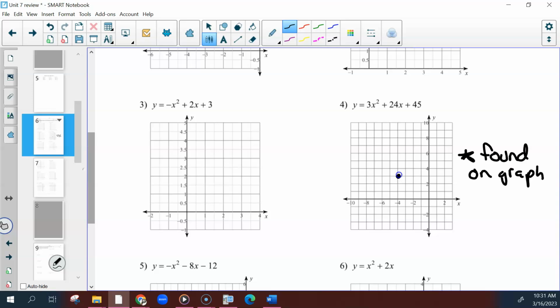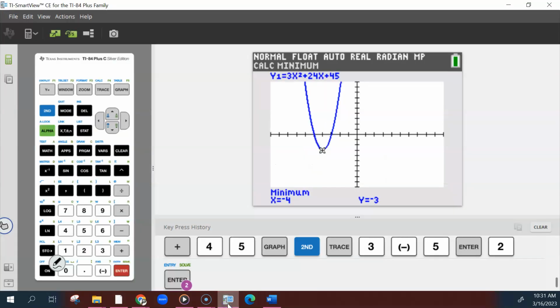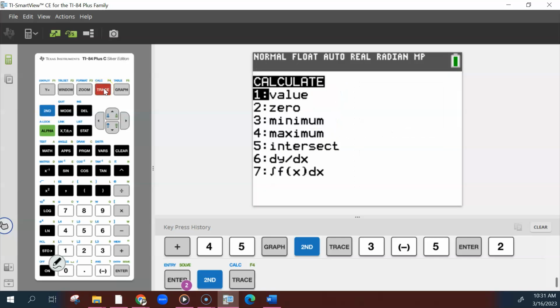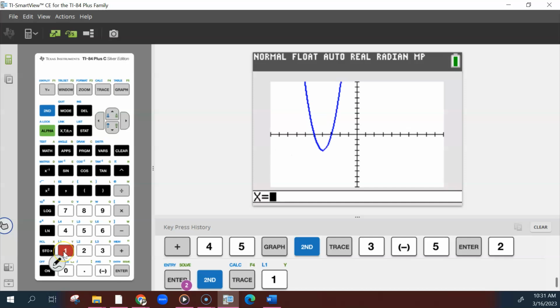My work would be I found on the graph. And then I would find my other points. You can do this from the table or the graph, but we said graph, so we're going to keep doing this. I'm going to go second trace, value, and then put in points around there so I know exactly where it is.